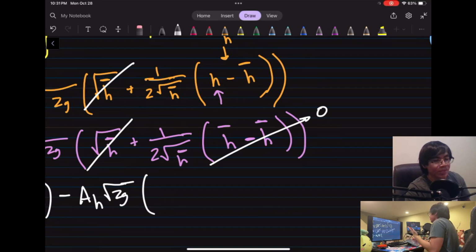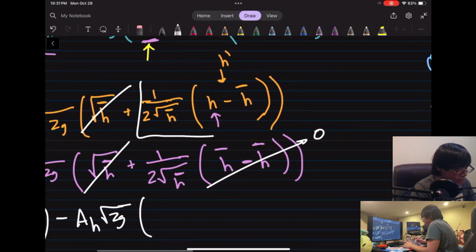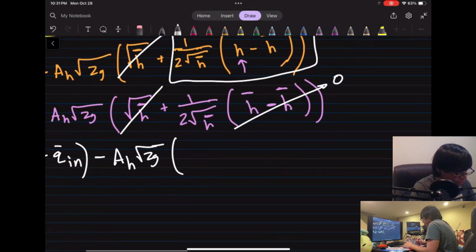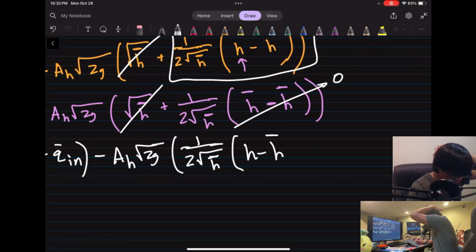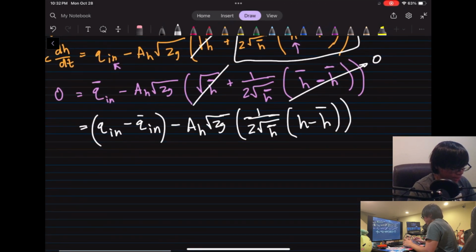Then we just keep our expression for the slope, the derivative of our function evaluated at our initial value, and h minus h bar representing how far we moved along the x-axis.